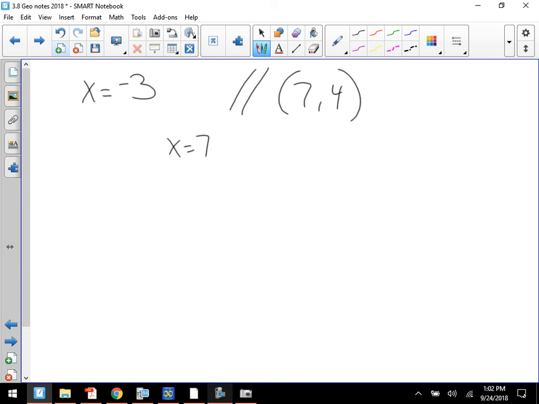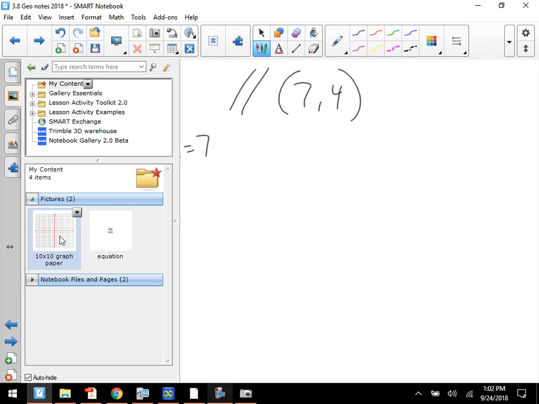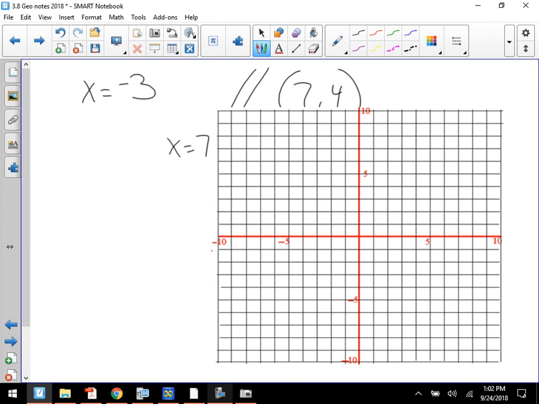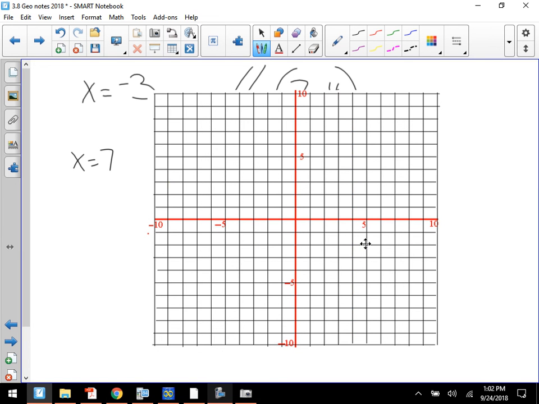You have to understand what you're working with. That's the point here, guys. If you are looking at a line, you don't have to graph these things, but if I have x equals -3, that's this vertical line right here. The ordered pair was 7 and 4.